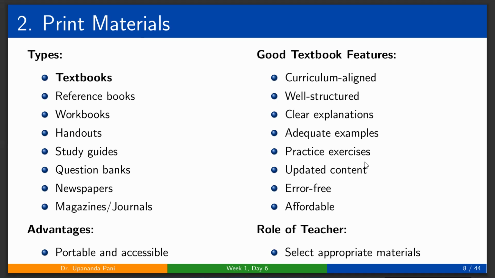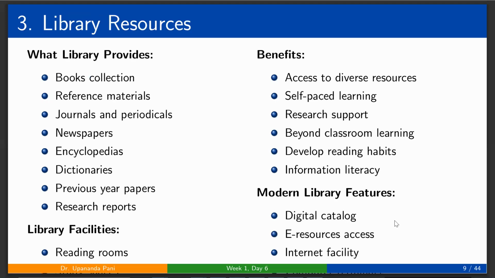So the role of the teacher is to select appropriate materials, because nowadays we have a lot of available resources, but a good teacher should be very selective and should be able to explain why they are going for a particular book and what the pros and cons of that book are. They should be able to make that clear to the students.